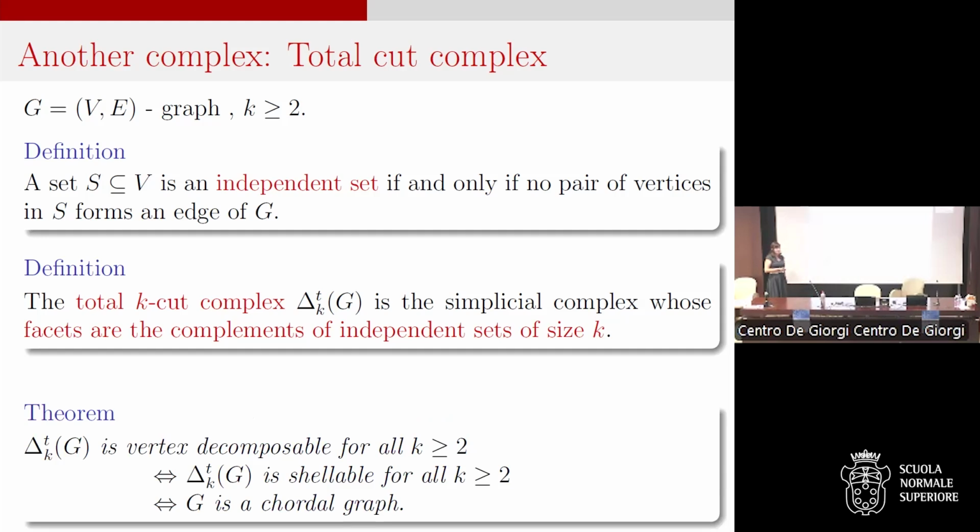It is a kind of generalization of that Engström-Reiner theorem. It says that this total cut complex is vertex decomposable for all k at least 2 if and only if it is shellable also, and if and only if G is a chordal graph. So we have this generalization of Fröberg's result.